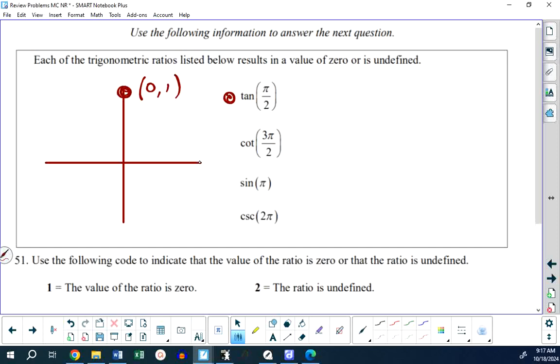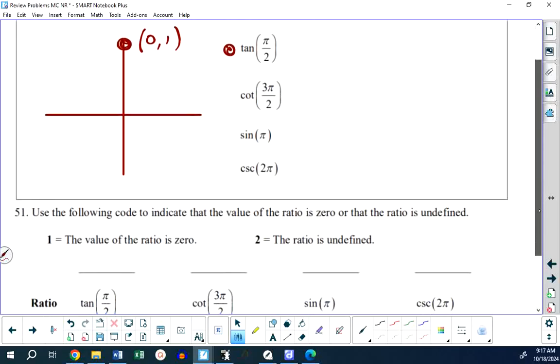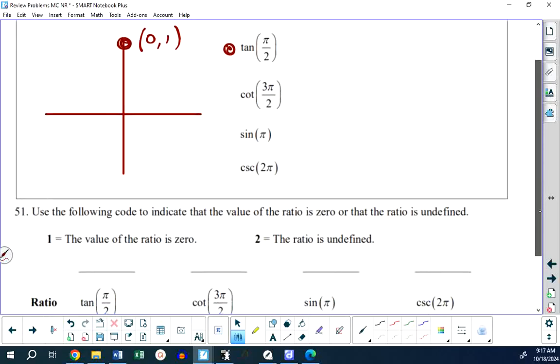Now, of course, if you go tan of pi over 2 in radian mode, you'll get an error. But as a student, I think you might look at that and go, why am I getting an error? Is it because it's undefined or did I do something wrong? So this one is undefined, which means we put the number 2 here. You understand how the key works? Okay.